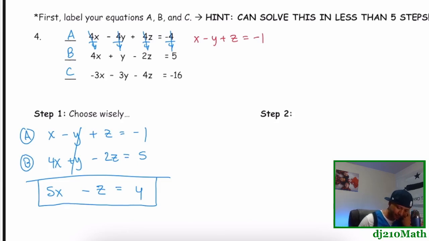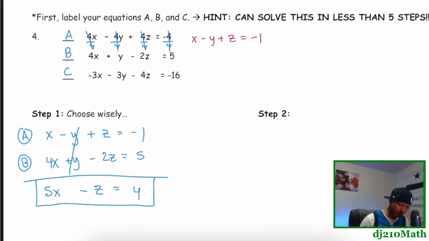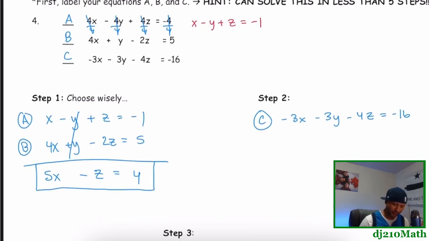Okay. Step 2. Because we chose A and B, I have to choose C now. So C is -3x minus 3y minus 4z is equal to -16. Okay.